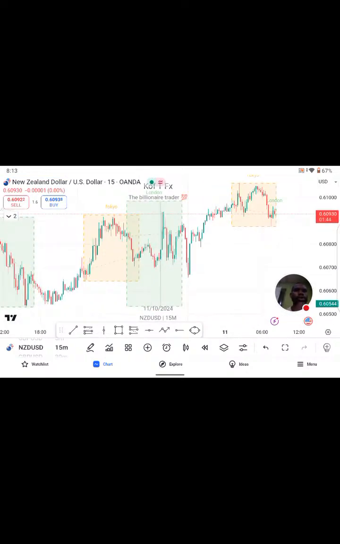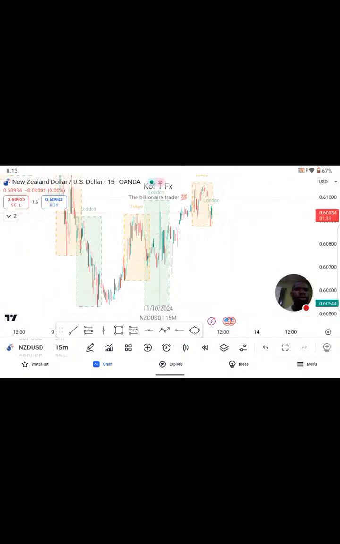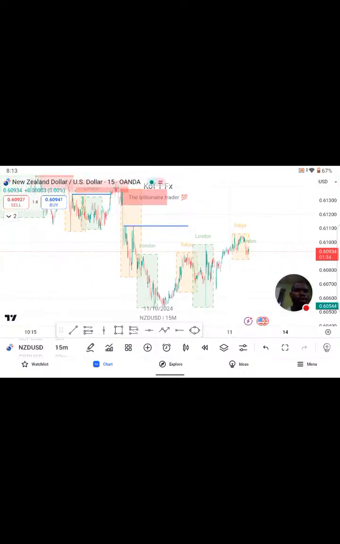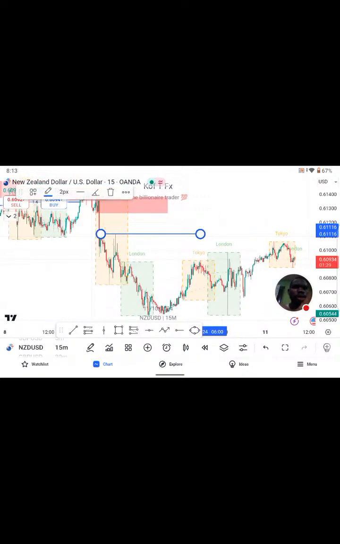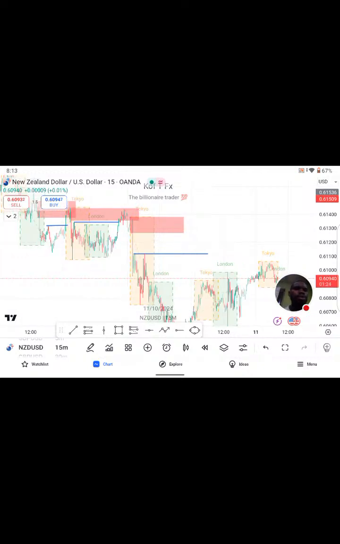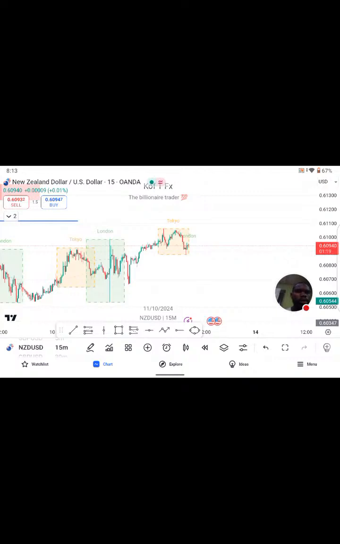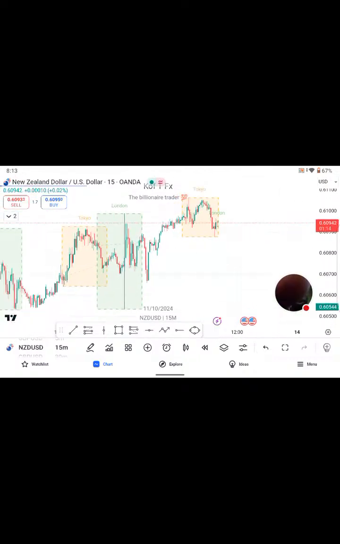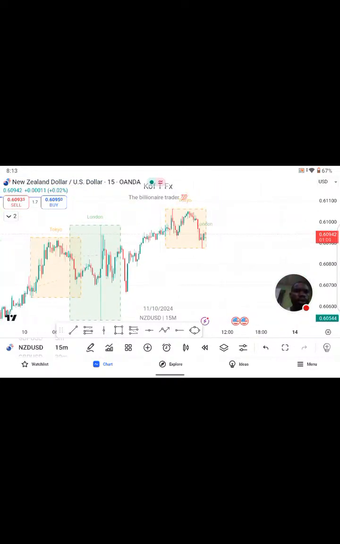Okay, for NZD USD, what I said on NZD USD was that I'm expecting price to take out the equal highs and mitigate the supply zone above it. But price hasn't gotten to that zone. So at the moment, let's see if we have our schematic. Presently, I can't find such on the chart.